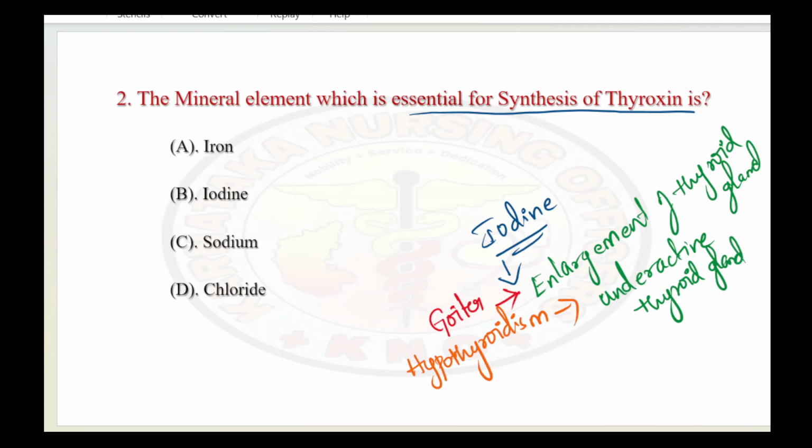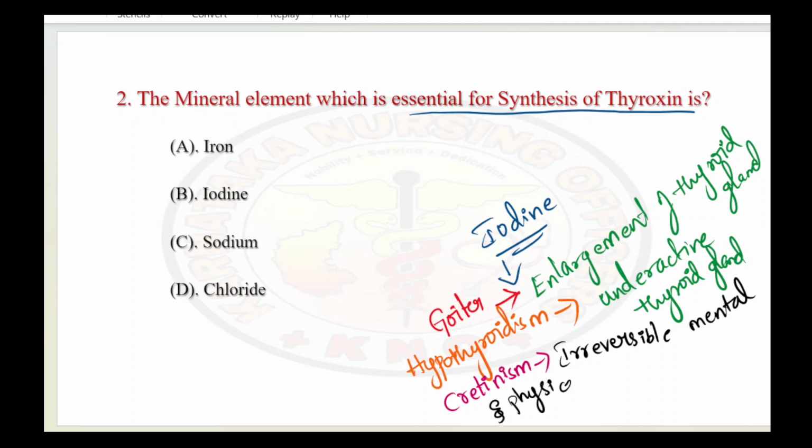The next important condition is cretinism. Cretinism is a condition which is causing irreversible mental and physical impairment in children.